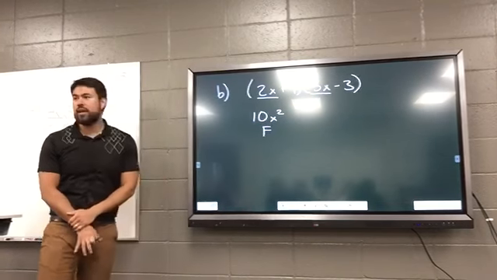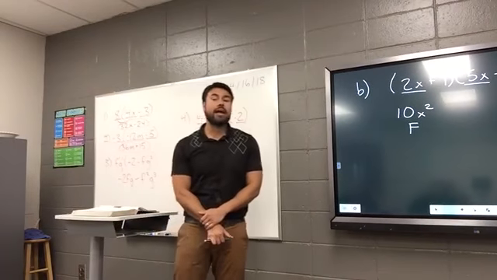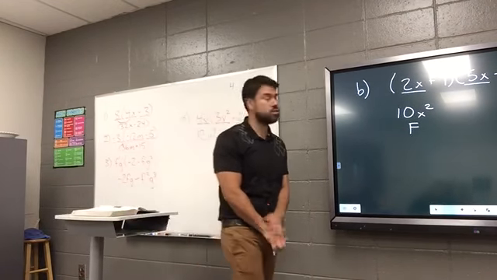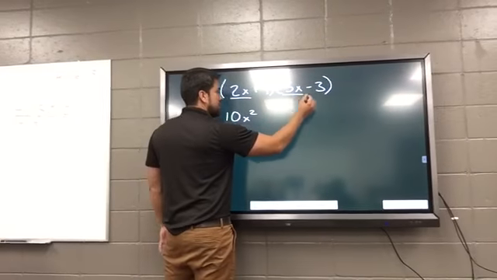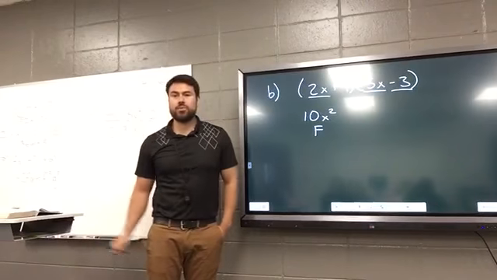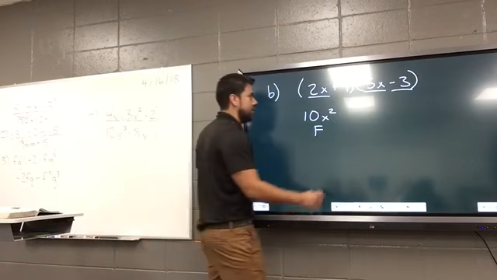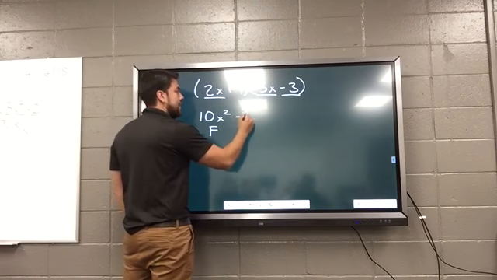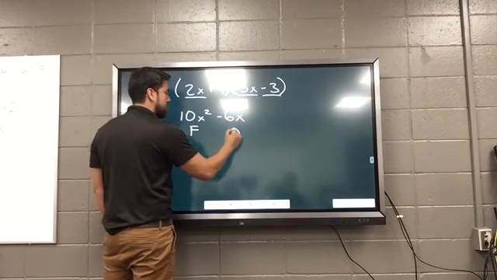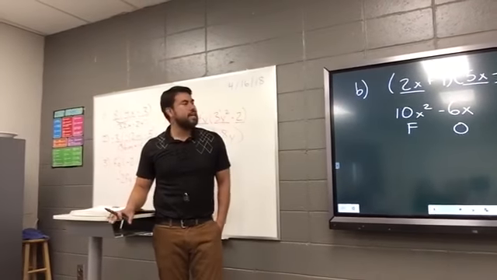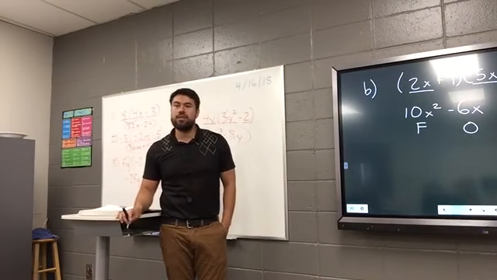10x squared. Okay, what are my outer terms? Emma Grace, what are my outer terms? 2x and negative 3. What's 2x times negative 3, Mackenzie? 6x. Close, check the sign. Negative 6x. So that's my outer terms right there. What are my inner terms?